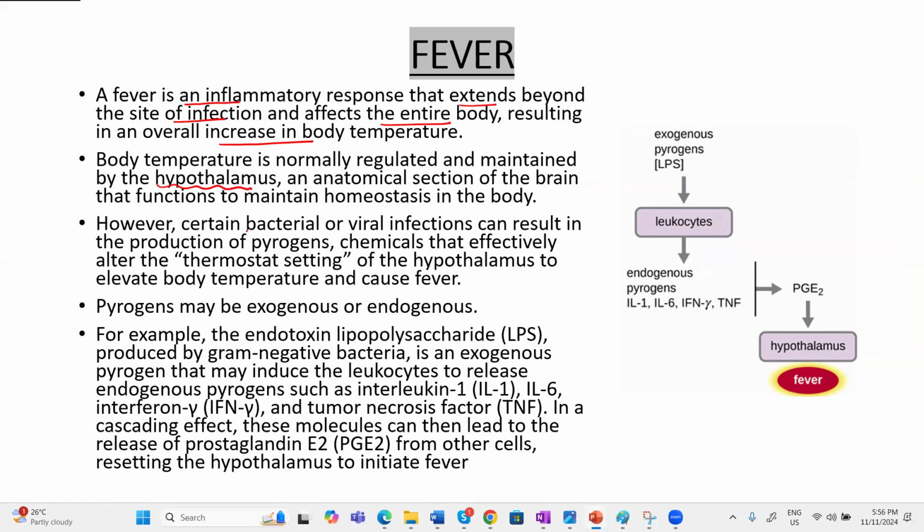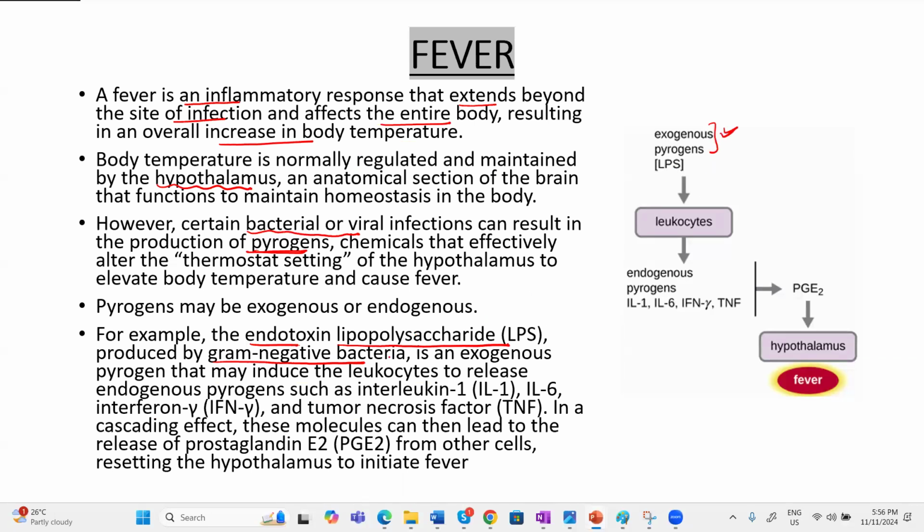But certain bacterial or viral infections cause some chemicals to be released. Those chemicals are known as pyrogens, which will affect the hypothalamus to change its thermostat setting. For example, LPS is a toxin produced by gram-negative bacteria. It is an example of an exogenous pyrogen.